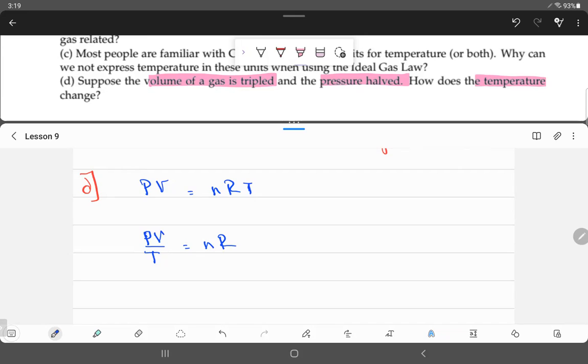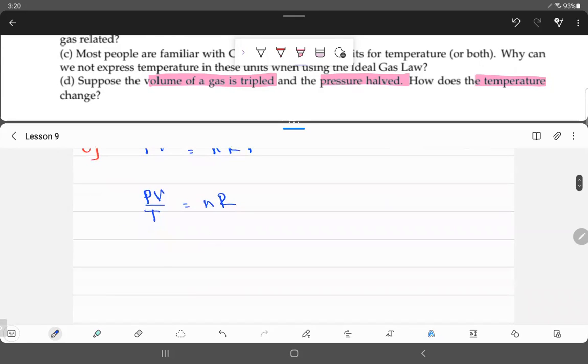For example, if I give you pressure P1, V1, T1, then P1 times V1 divided by T1 equals nR.